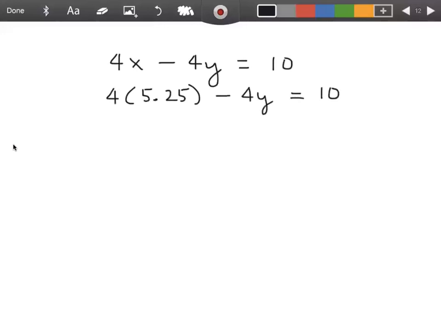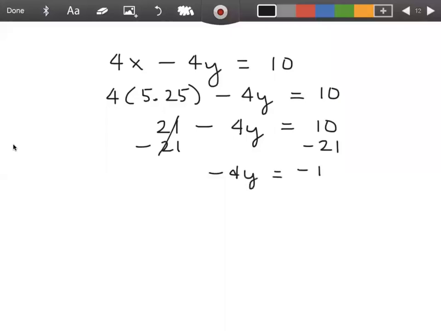Four times 5.25 is 21. Now we'll subtract 21 from both sides. It gives us negative 4y equals negative 11, which means y is negative 11 divided by negative 4, which is 2.75.